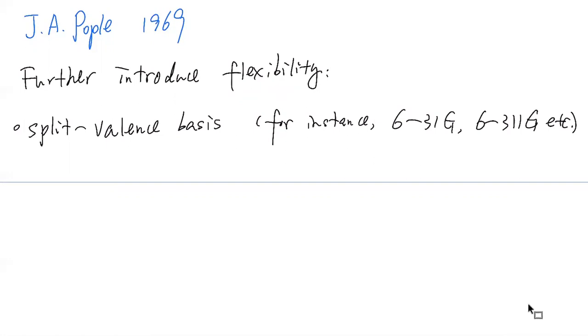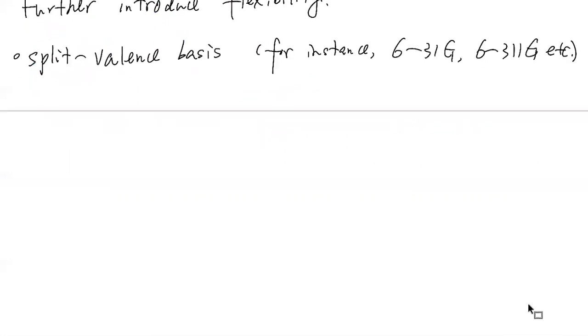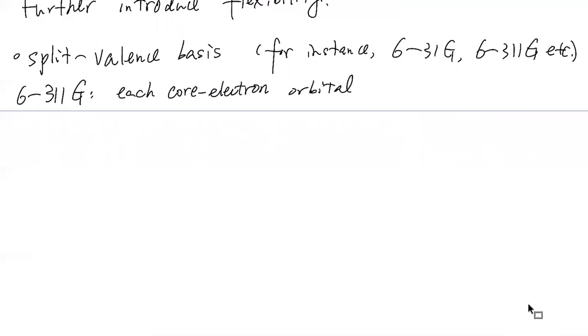And what is split valence? Let's consider 6311G. This means each core electron orbital is represented by 6 primitive Gaussian type orbitals.